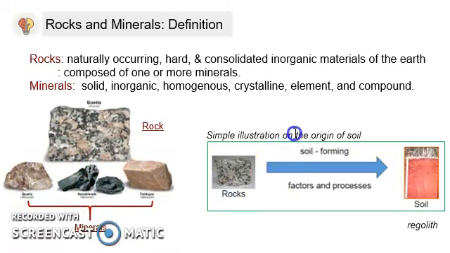Here is a simple illustration of the origin of the soil. Most of the materials that make up the soil come from rocks and minerals. This is now the reason why you have to study minerals and rocks in understanding the soil. These rocks and minerals are weathered in place or weathered and transported and become unconsolidated material on the surface of the earth.